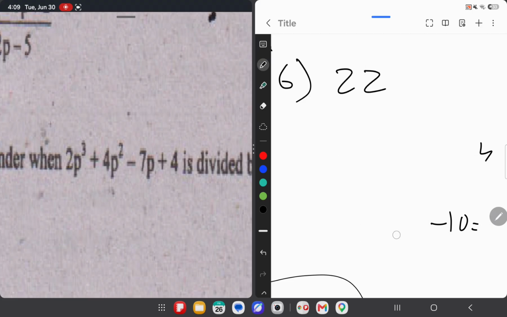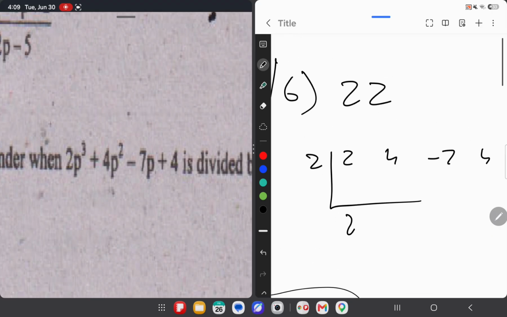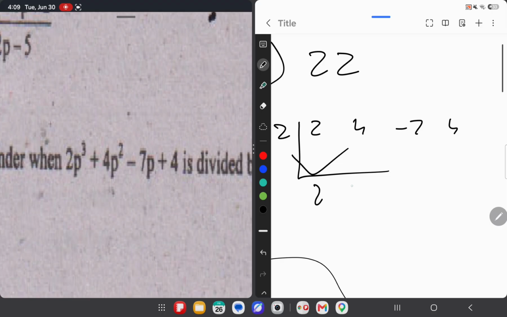Yeah, that's so simple. If we do synthetic division, 2, 4, negative 7, 4, 2, synthetic division is just to recheck. You guys can skip it. 4, 8, negative 16, which is some random value.